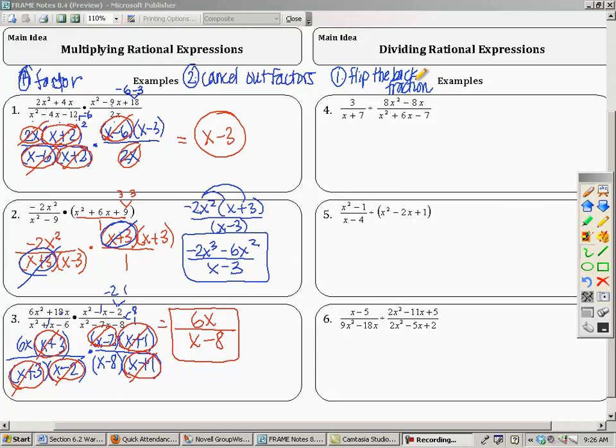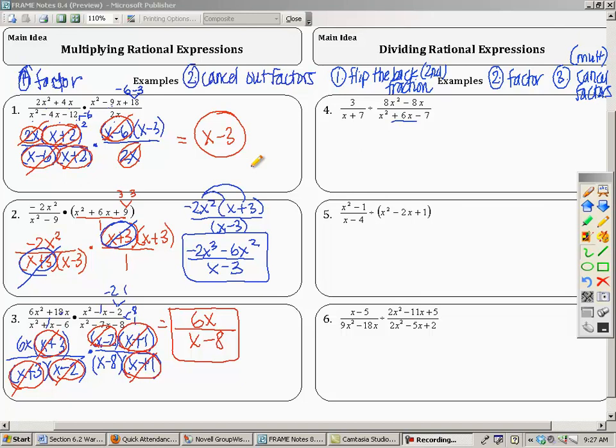Division is the same thing as multiplying by a reciprocal. And because of that fact, we're always going to take this second fraction and flip it. Once we flip it, we're going to factor like we did before. And then it's back to multiplication, so we're going to cancel out factors. Once you're here, you're already working on the multiplication again, so you just go back to what we did on this left side.